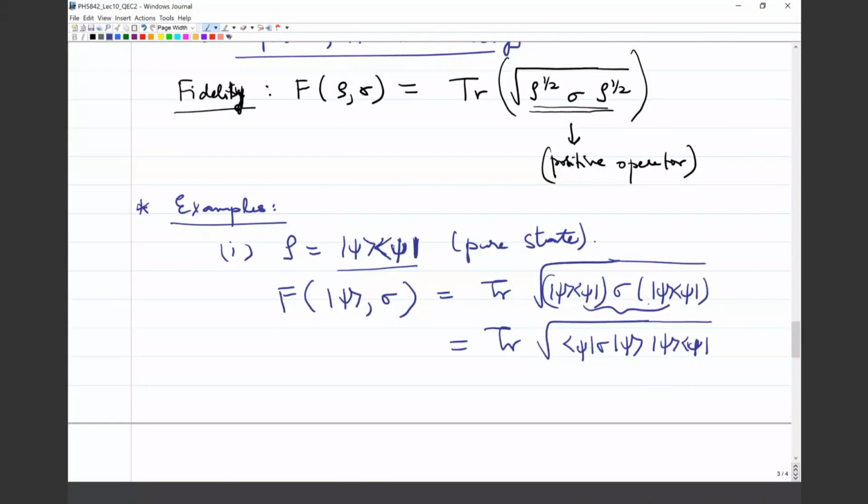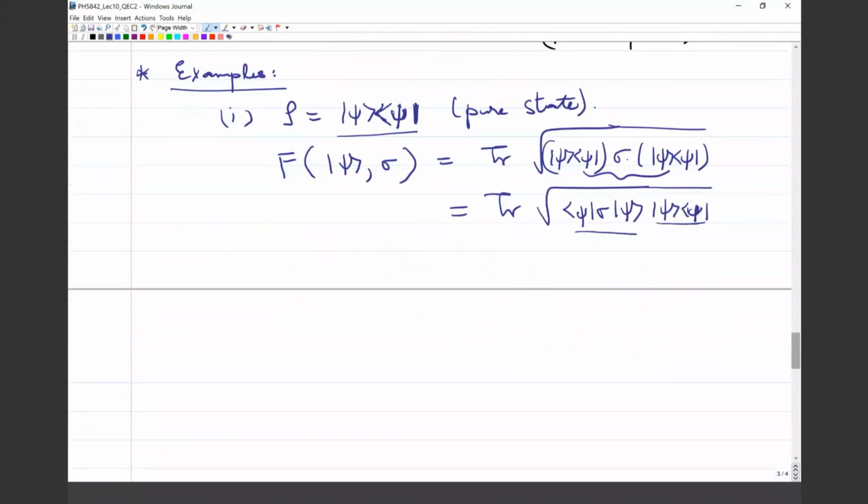That's just a number. That's just the expectation value of the operator sigma in the state psi. And then this is followed by a projection onto psi itself, and then there's a square root and the trace. Now this is just a number, so this is the same as the trace of psi times this number, which is the square root of the expectation of the operator sigma in the state psi.